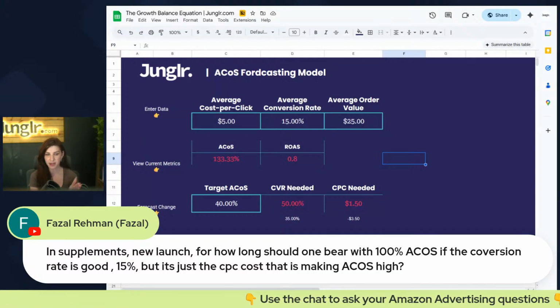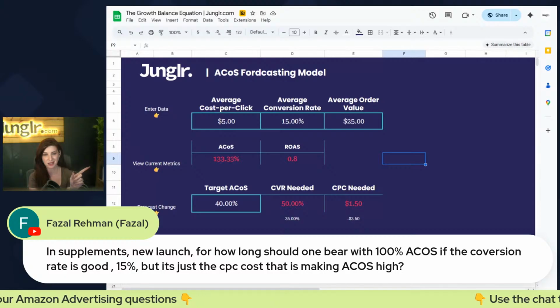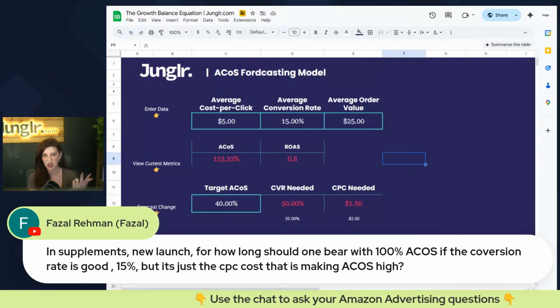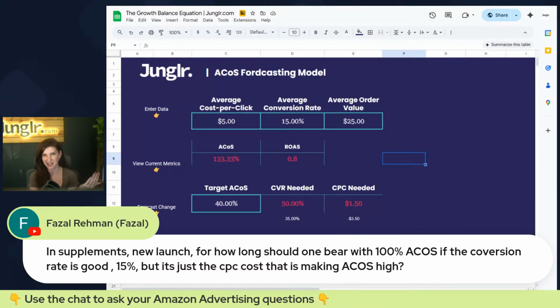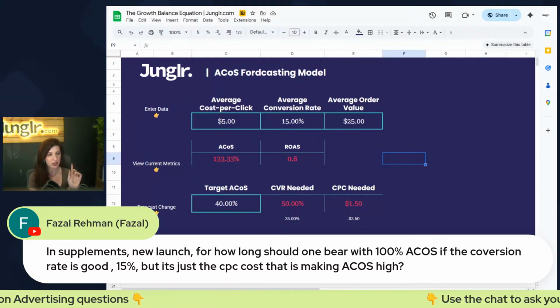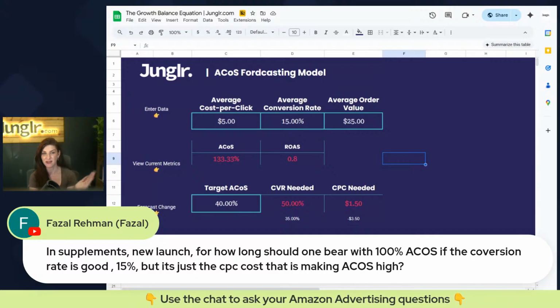So in the supplement category, the best way to track for long-term growth is not going to be ACoS targets, because when it comes to ACoS targets, there's really only one main thing that you do. There's kind of two, but the second one has way less impact. You can target keywords, search pages, placements, whatever, that have a better conversion rate.